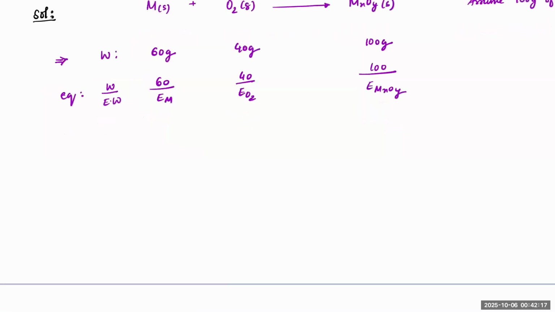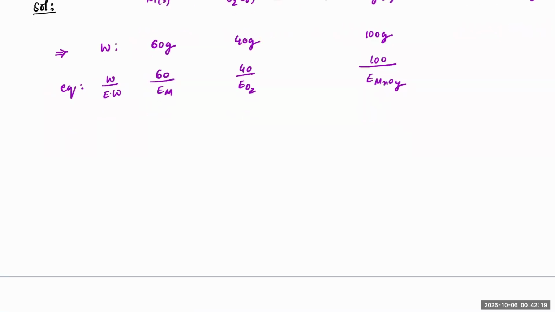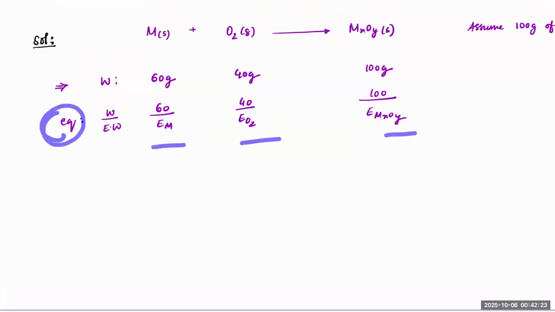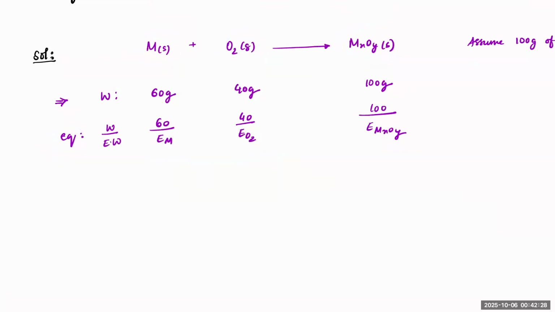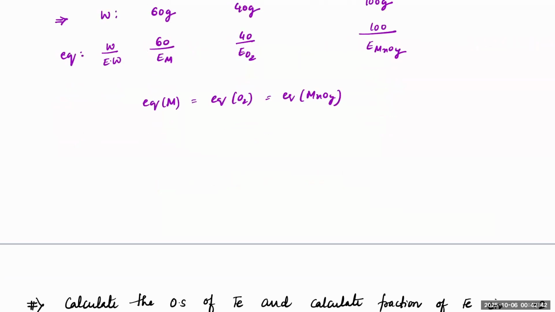Okay, clear? And you know that the number of equivalents in a chemical reaction will always remain the same. So that is called the law of chemical equivalence. That is, number of equivalents of metal should be the same as number of equivalents of O2, which should be the same as number of equivalents of metal oxide. So this is what you will fundamentally use.